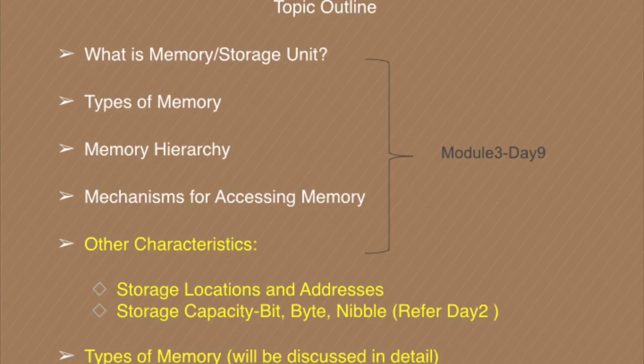Storage capacity we have already seen in our day 2 session. And we will discuss the different types of memory in detail, which include primary memory, including ROM, RAM, etc. We will also discuss secondary memory devices such as the hard disk, also known as magnetic disk, magnetic tape, etc.